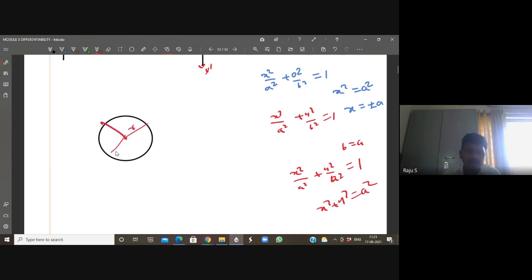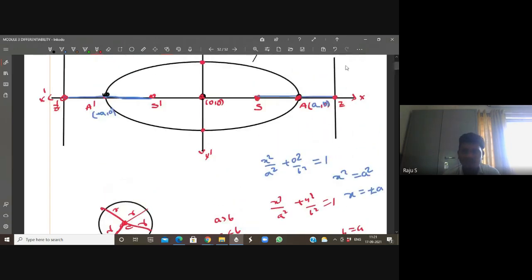Wherever you take the point on the circle, the distance from the fixed center to that point is the same, r. But in an ellipse, a is either greater than b or lesser than b, so a must not be equal to b. When a is equal to b, the ellipse becomes a circle. That is the only difference.